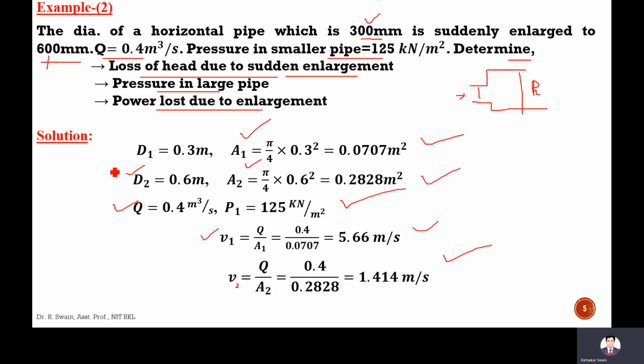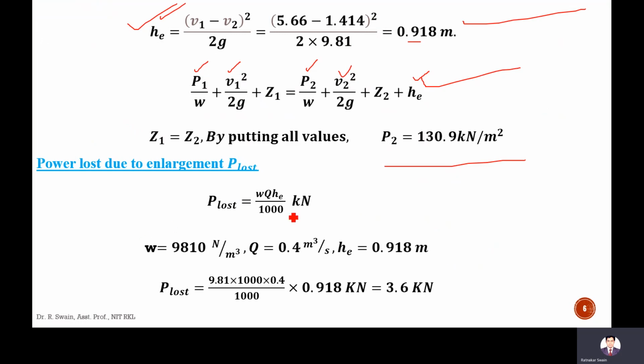Next is to estimate the power loss due to enlargement. What is the power loss expression? The expression for power loss is w Q h, where h is the head loss, divided by 1000 in kilonewton. w is the unit weight of water, 9.8 kilonewton per meter cube or 9810 newton per meter cube.